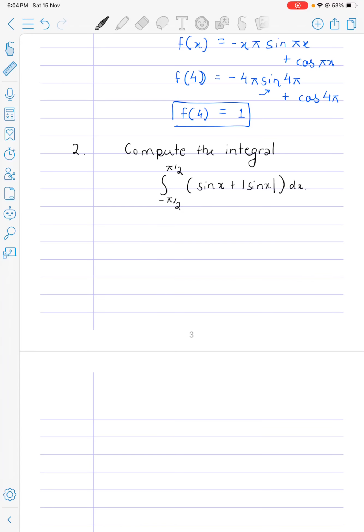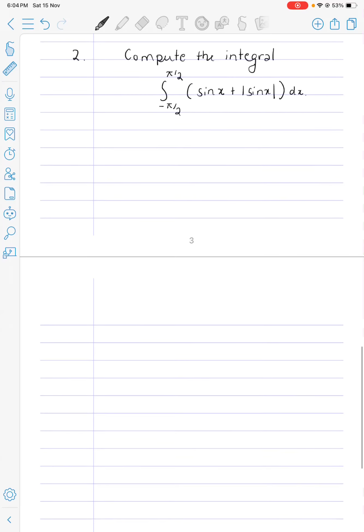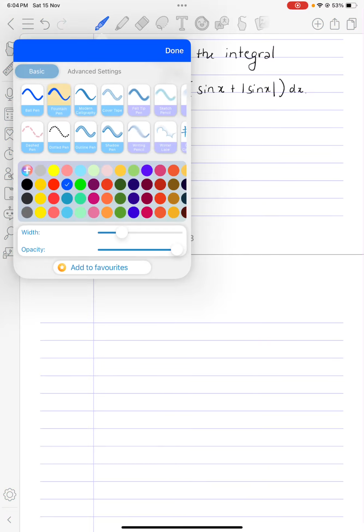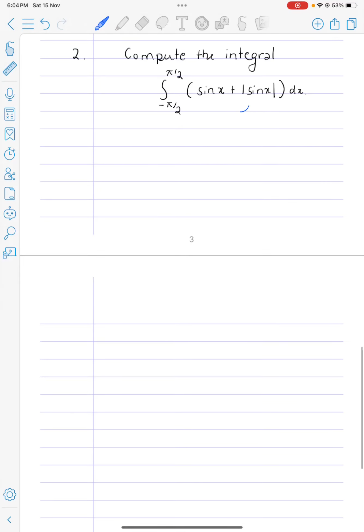Okay, let's begin discussing question number 2. Integral from minus pi by 2 to pi by 2 of sin x plus mod sin x. So we have to integrate this. This mod is going to be troublesome, so first we have to deal with it.